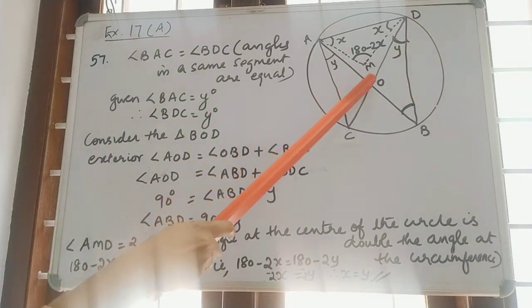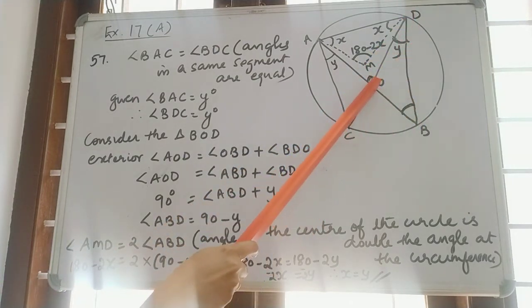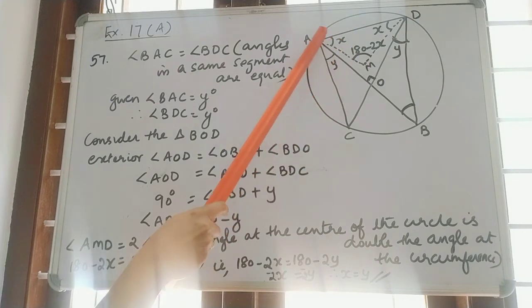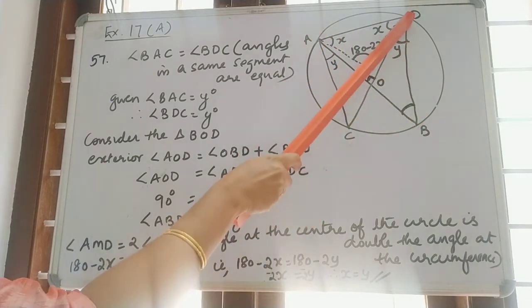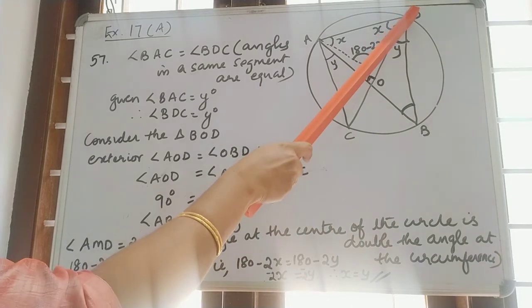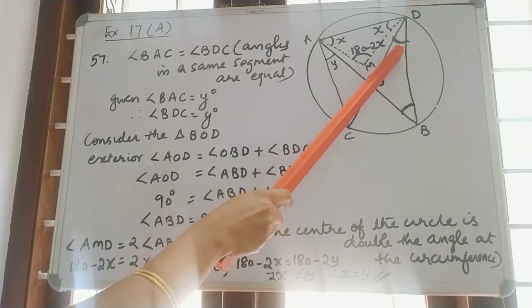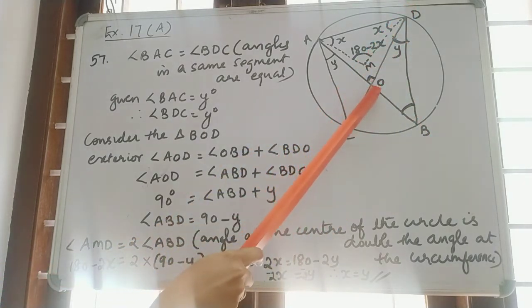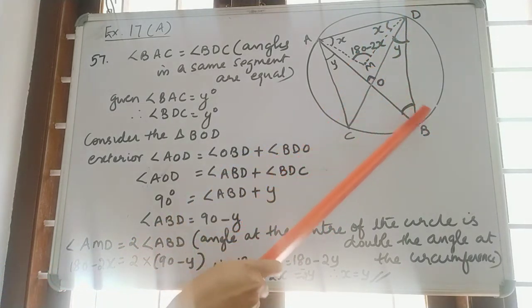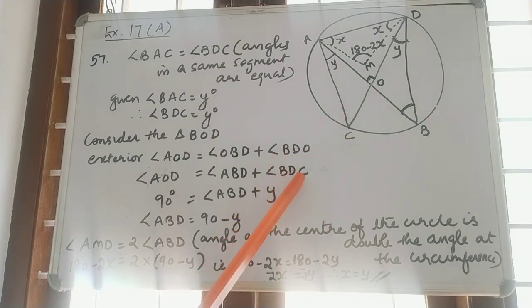Instead of OBD, we can write ABD. Same way, instead of BDO, we can write BDC.